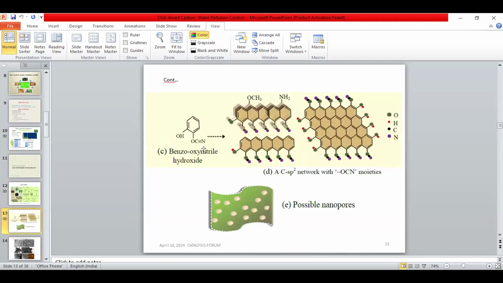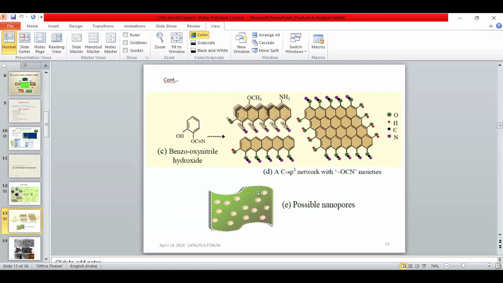So it is modeled here that when we burn it by combustion, this nitrogen combines with the carbon rings to form a transition compound, benzo-oxynitric hydroxide, which subsequently gives rise to this carbon network. This is an sp2 network with some nitrogen moieties of functional groups.